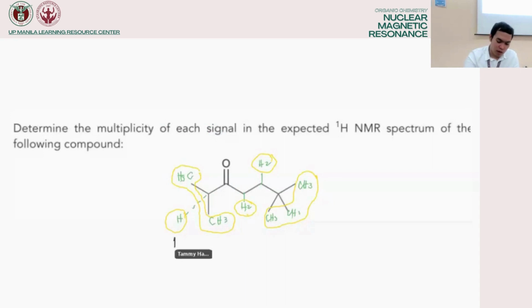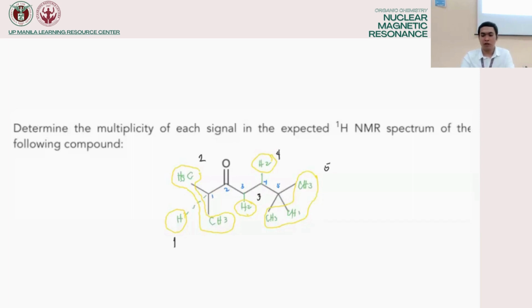Ayan. Sige nga, I'll group, no? This is group 1, this is group 2, 3, 4, and 5. This is carbon. Ayan, medyo nag-integrative na tayo. Carbon backbone. 1, 2, 3, 4, and 5. Sige nga, ilang signals ang maproproduce dito? Dapat masasagot nyo na.